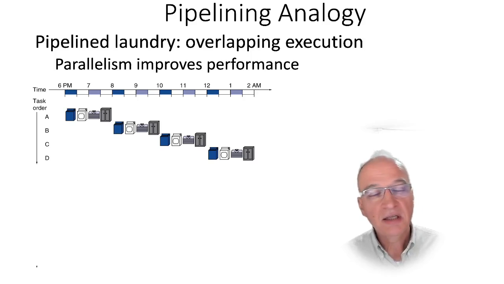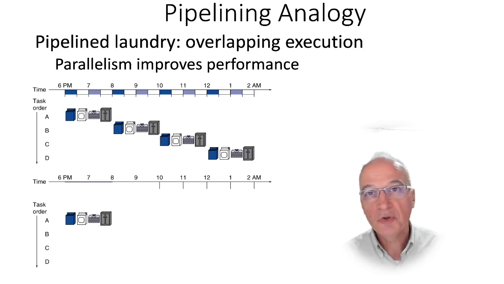Now let's consider that I take a look at this and I say, no, but I can do better. What I'm going to do is I will do the washing, the drying, folding, and putting away of one load.